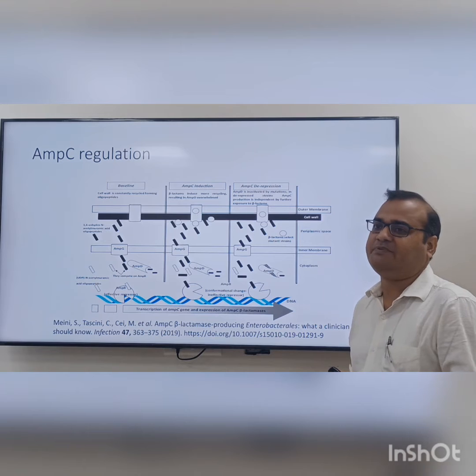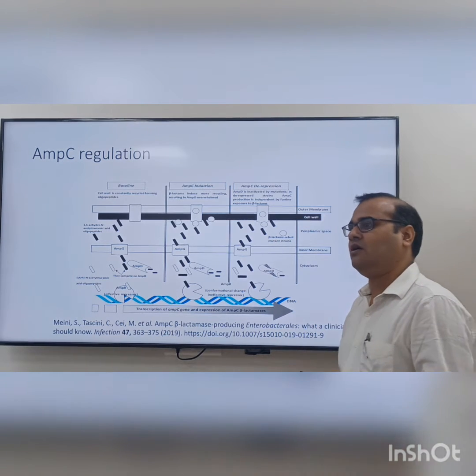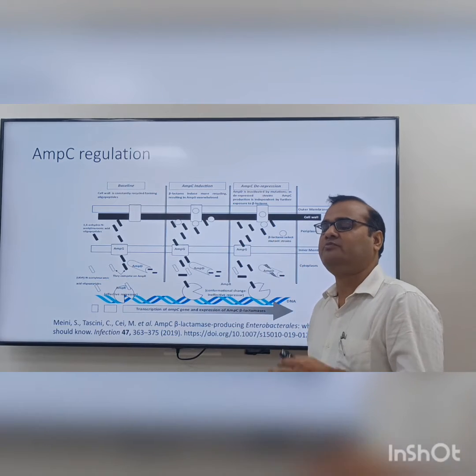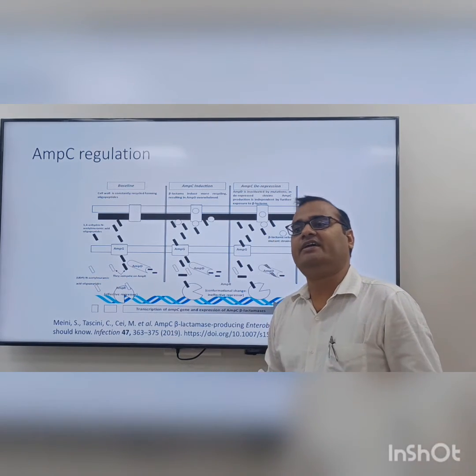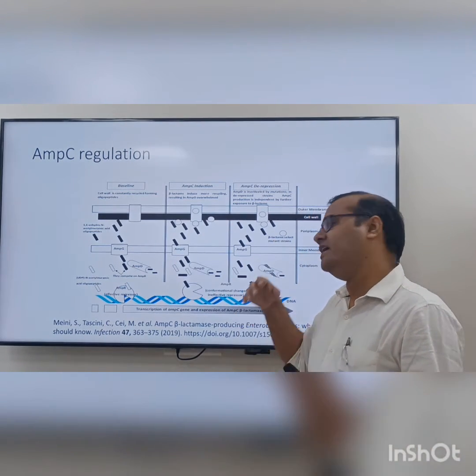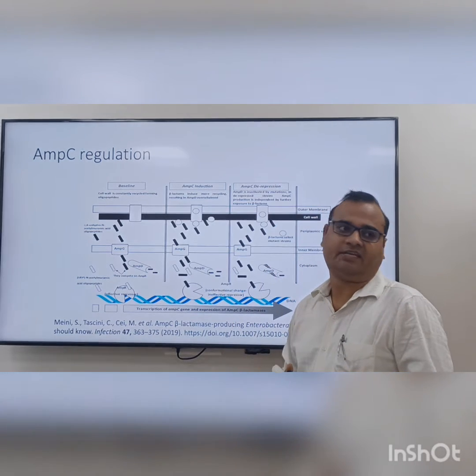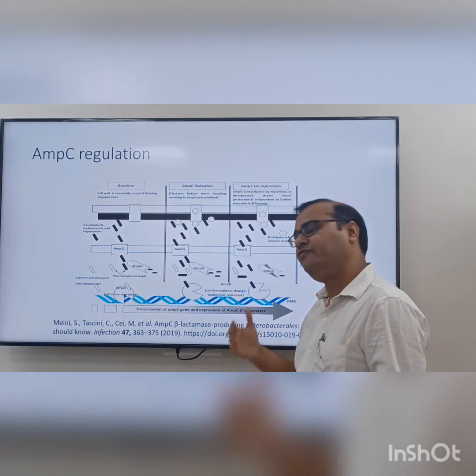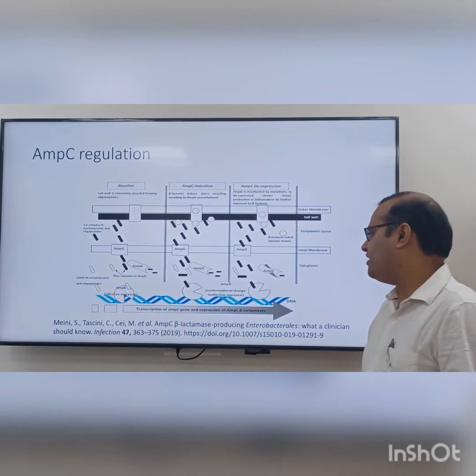So that derepression will be there in the organism, which will constantly increase the AmpC beta-lactamase production. That will lead to the resistance mechanism for beta-lactam antibiotics.